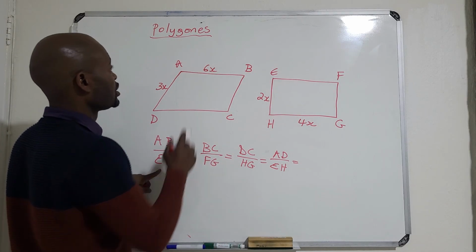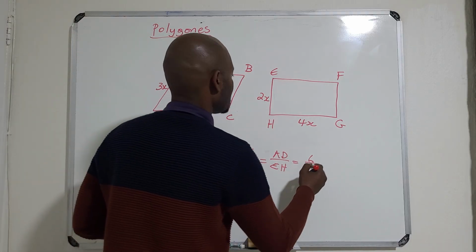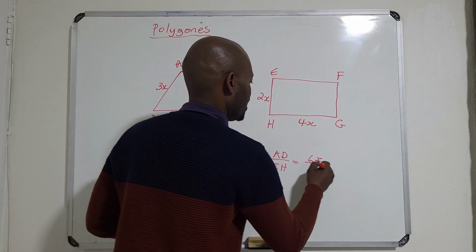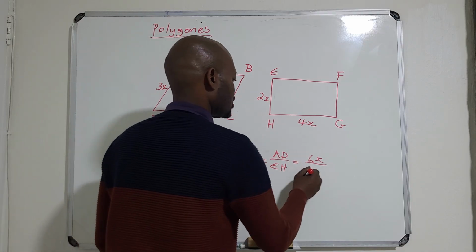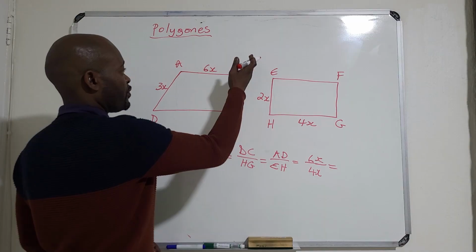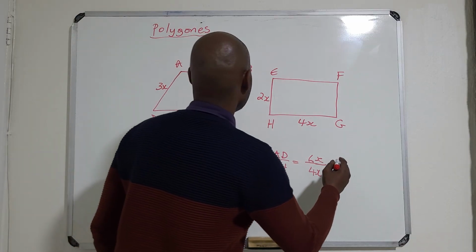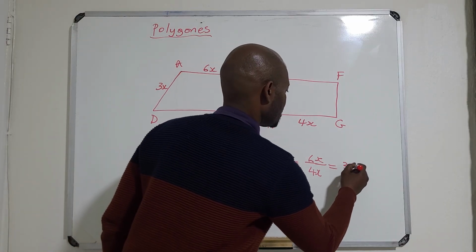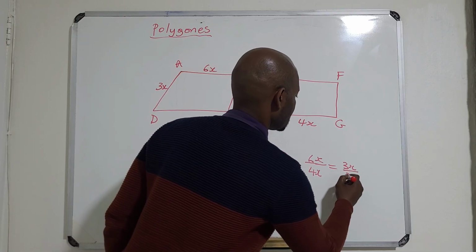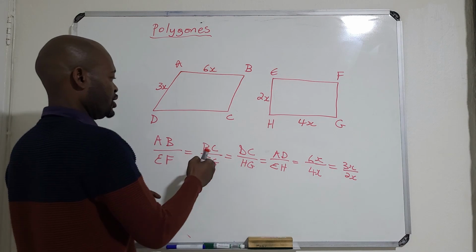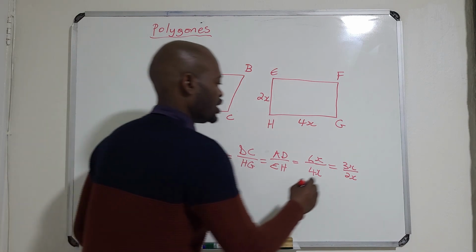Our AB is 6x, so we've got 6x over 4x. Then that side is 3x over 2x, which is BC over FG.